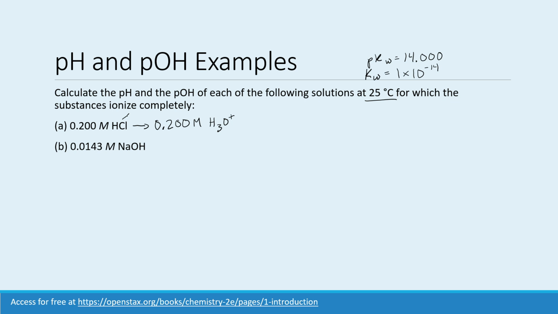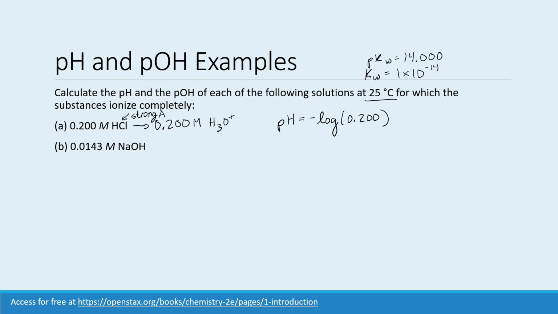And we know that because hydrochloric is a strong acid. Okay, so because it's a strong acid, we now know the concentration of the hydronium ion. And so if we're looking for the pH, pH is going to be equal to the negative log of that hydronium ion concentration, the 0.200.